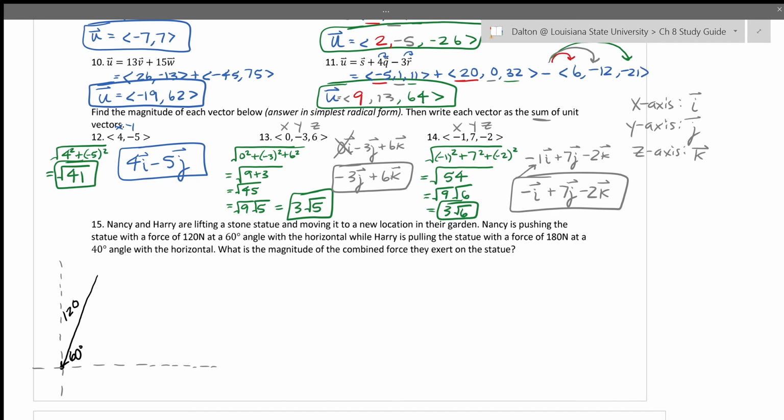It says Harry is pulling the statue with a force of 180 newtons at a 40-degree angle with the horizontal. Now, I'm going to be honest with you. When I did this question the first time, I drew it as if Harry was on this side in quadrant 2 pulling on the statue. That ended up giving me what the book said was a wrong answer, the resource I was using.